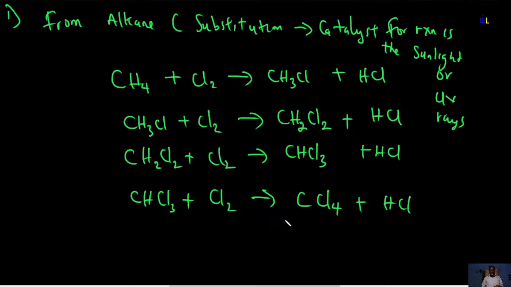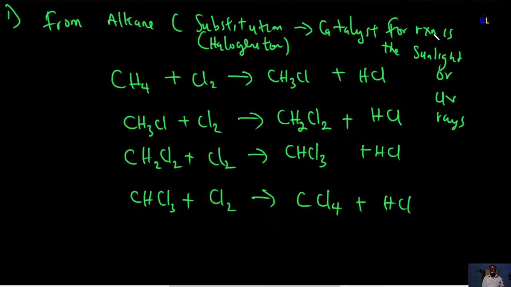So I presume this is clear, and that is basically the process involved in producing haloalkanes. Remember, we are dealing with the lab preparation of haloalkanes or halogeno organic compounds, and I said the first one is from alkanes. How do we get to produce them from alkanes? By substitution reaction, and the substitution reaction is what we refer to as halogenation.